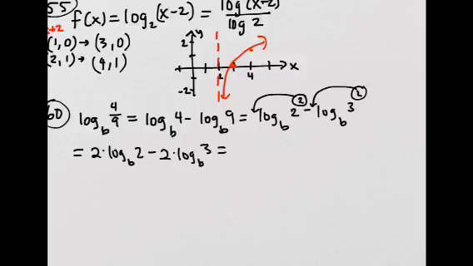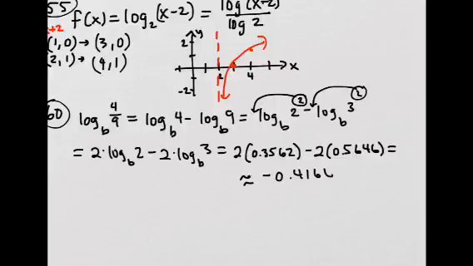So now I just substitute the given values for log base b of 2 and log base b of 3. Plug this into a calculator and you get approximately negative 0.4168. And that would be the answer.